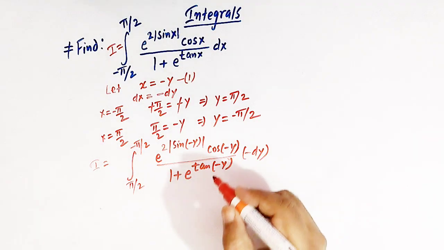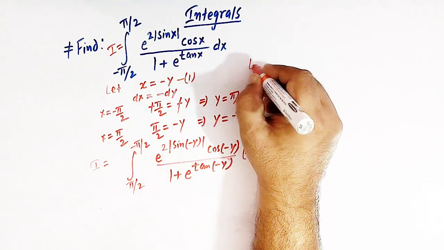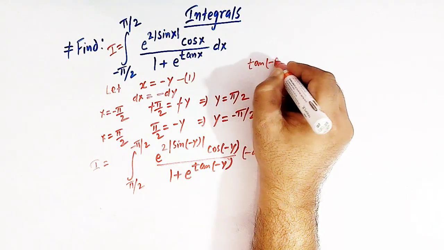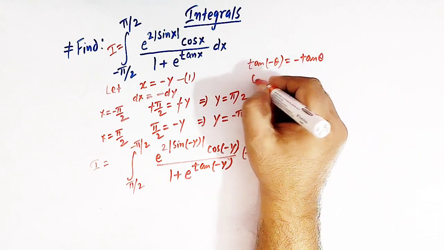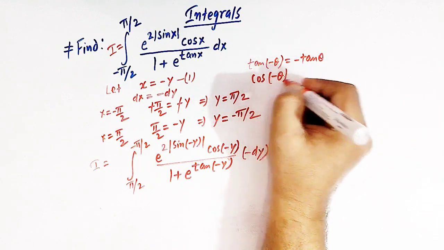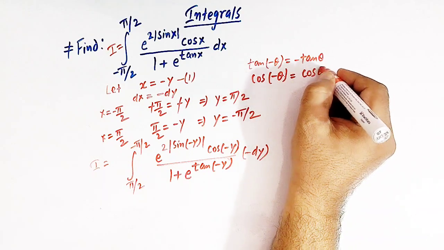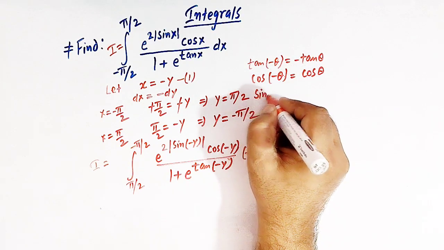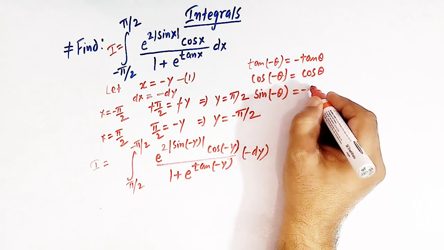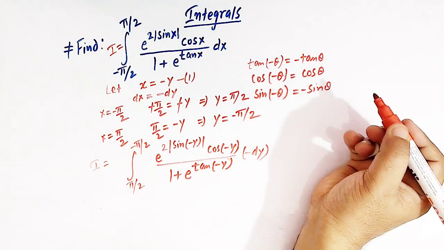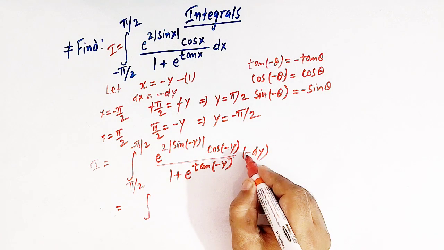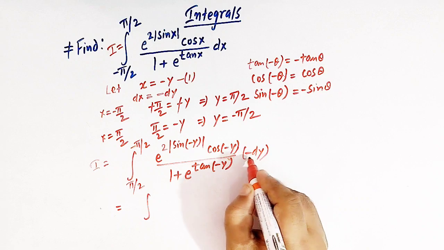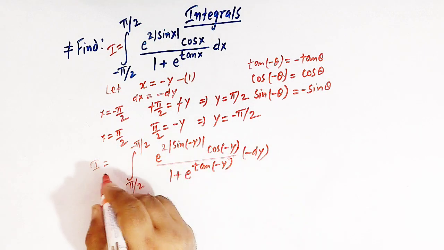Now from trigonometry we know that tan of minus theta is equal to minus tan theta, cos of minus theta is simply cos theta, and sine of minus theta is equal to minus sine theta. Now this integral becomes, see here we have the negative dy, so we can take this negative sign outside the integral.